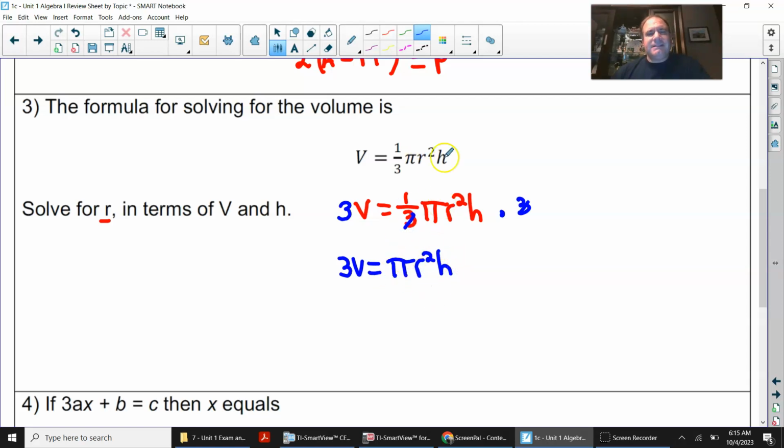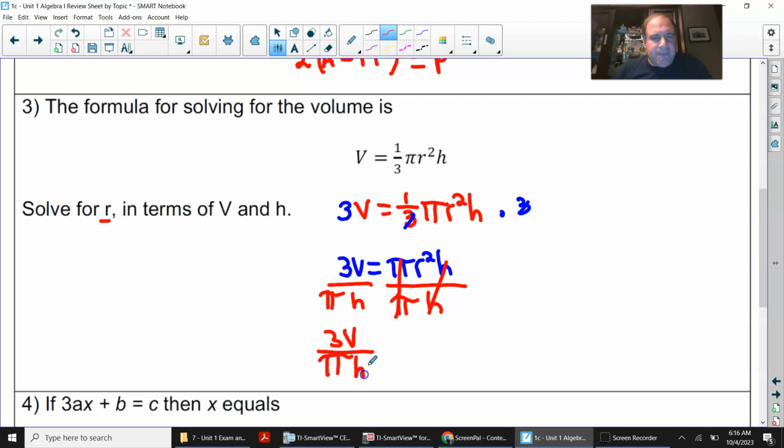Now, you still need to get the r alone, so what I'm going to do is divide by whatever I want to cancel. So pi and h, gone, gone, pi and h. So I have 3V over pi h equals r squared.